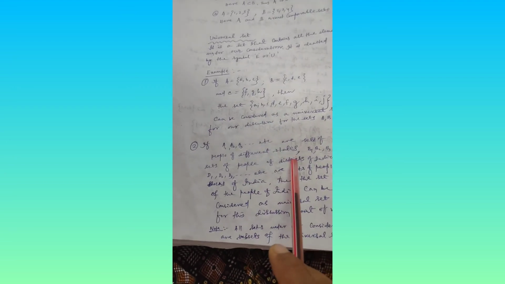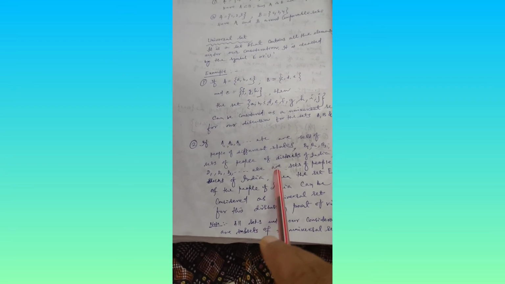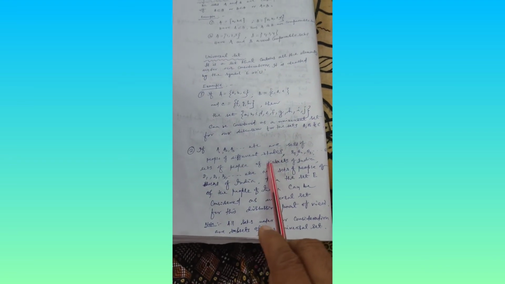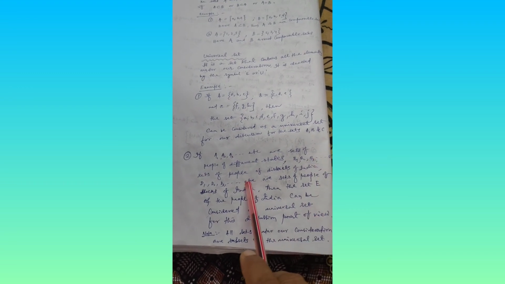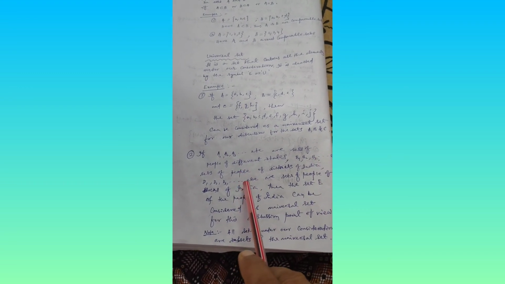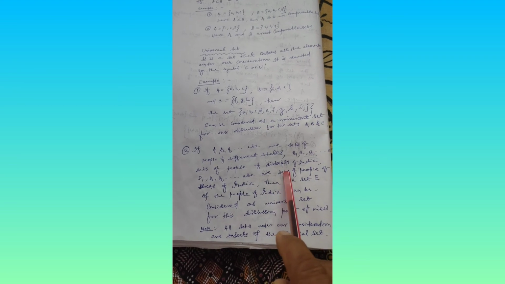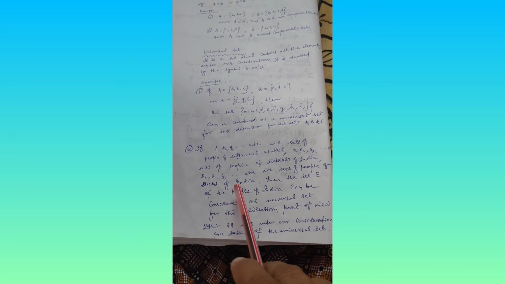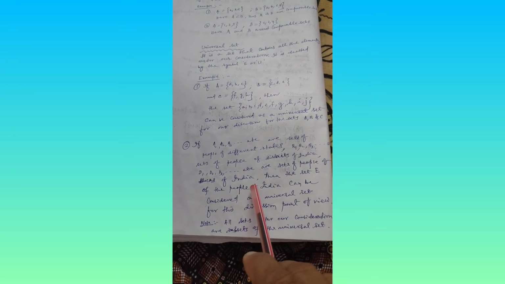We consider another example. Let A1, A2, A3 etc. be the sets of people of different states of India. B1, B2, B3 etc. be the sets of people of different districts of India. D1, D2, D3 etc. are the sets of people of different blocks of India.